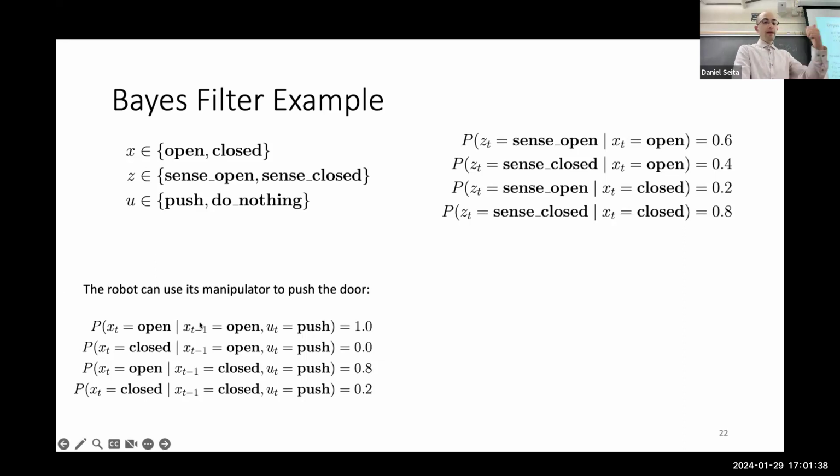So if the prior state was door open and the robot then pushes, then the probability that the door remains open is 1. If you push an open door, it should stay open. And it's 0 for the other outcome. And if it's closed and we push, then the probability that it's open is 0.8.